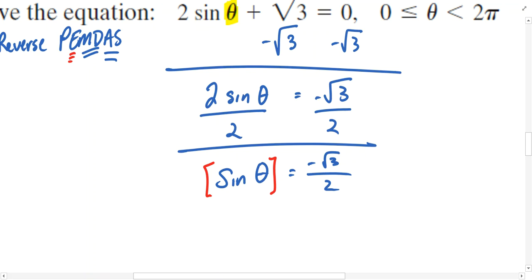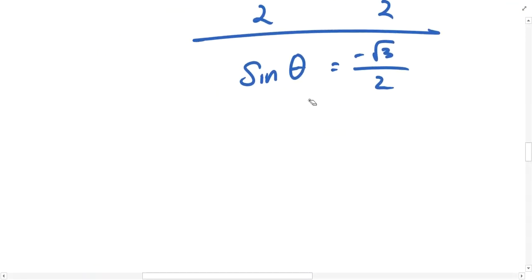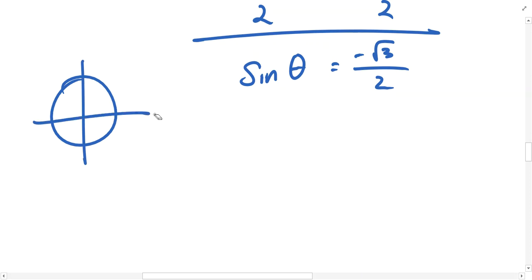Here again, I'm not going to reach for a calculator. I'm going to do this without a calculator, and this equation is actually quite easy to solve, again, if you've got your unit circle memorized. Sine of theta equals negative radical 3 over 2. Well, this is our way of asking where in the unit circle does the y value equal negative radical 3 over 2? And that's in these two positions here and here.